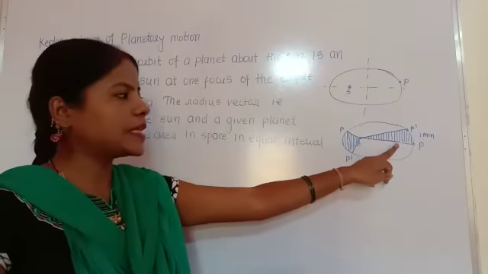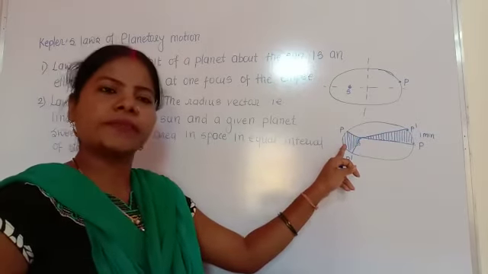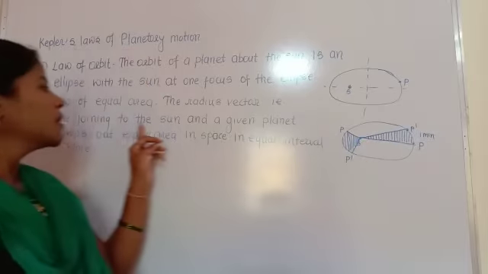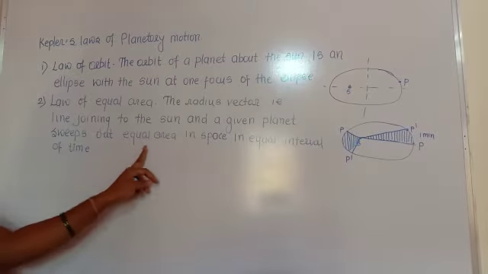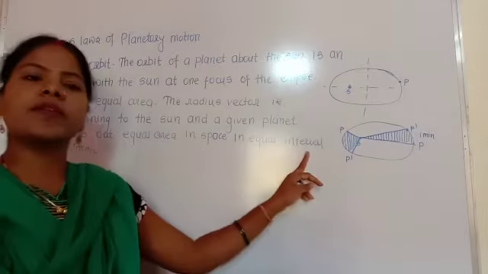So this area and this area become the same. It means the radius vector sweeps out equal area in space in equal intervals of time.